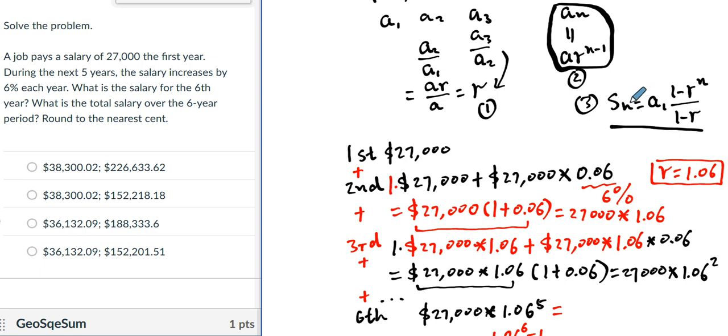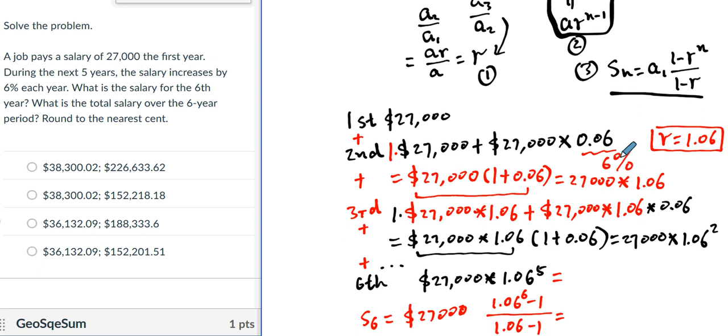we then have the sum equal to 27,000 times, here is multiplication, 1 minus r to the nth power divided by 1 minus r. You can do r to the nth power minus 1, and downstairs r minus 1. It's the same thing.